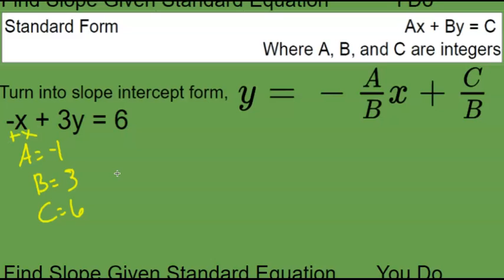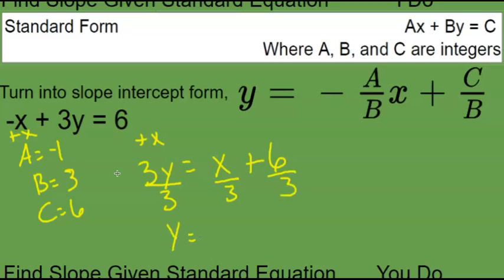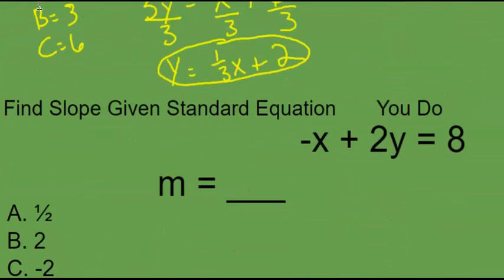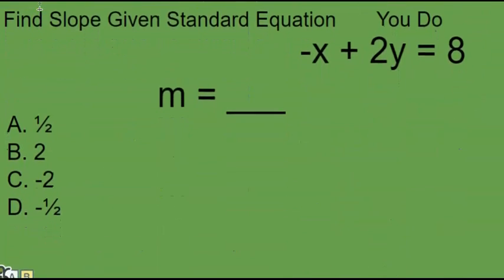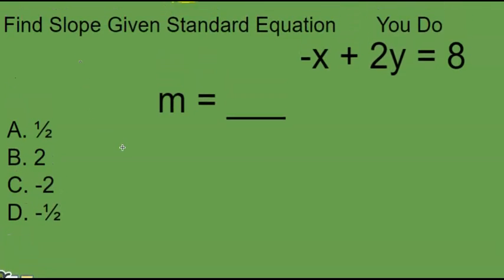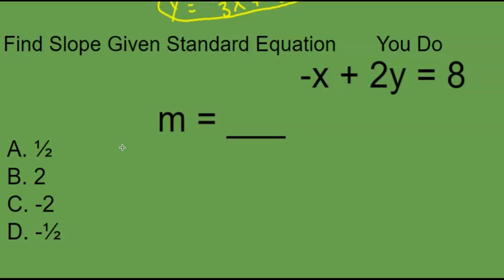So let's add x to the other side. So we have 3y equals 1x plus 6. Divide each term by 3. And you get y equals 1/3 x plus 2. Okay, now you do this. Find the slope given the standard equation. Choose an option. Is it A, B, C, or D?